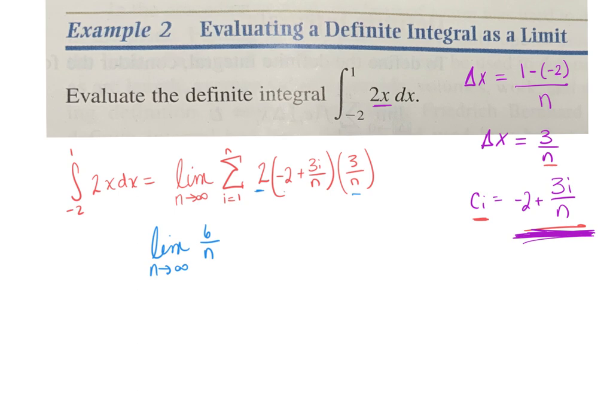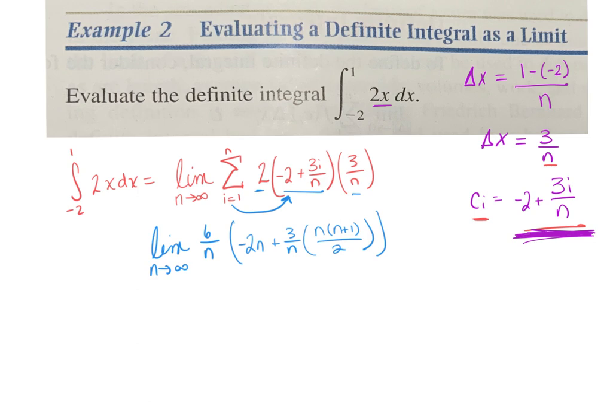And then I really just have to worry about this guy. If I were to do the summation of a constant, that's going to be the constant times the n, right? And then the summation of i, which is n times n plus 1 over 2.